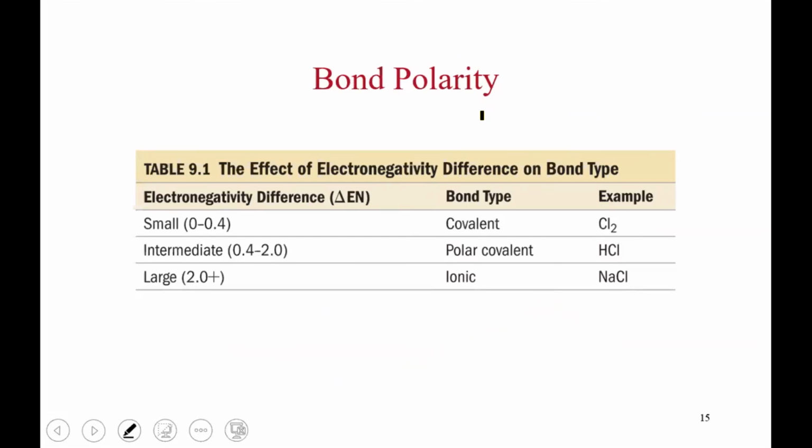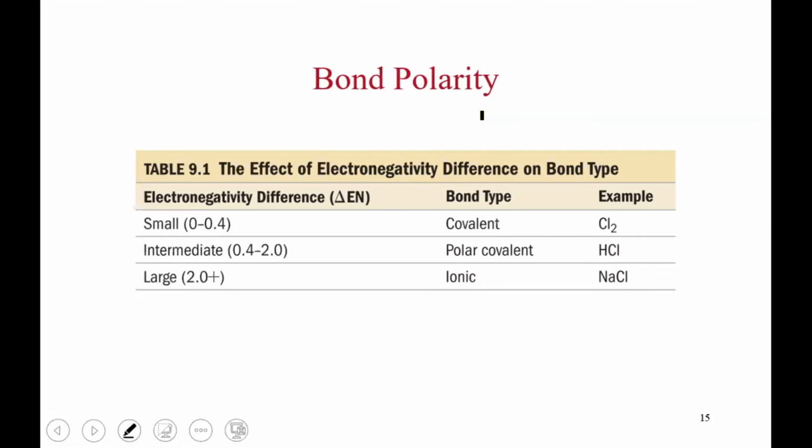Well, I look at the electronegativity of the two atoms. I calculate the difference. And if it's a small difference, typically less than 0.4, we're going to say the bond is covalent and nonpolar. If it's somewhere between 0.4 and 2.0, and again, like I said, a lot of this is arbitrary, we're going to call that a polar covalent bond. And if it's more than 2, it's going to be ionic.